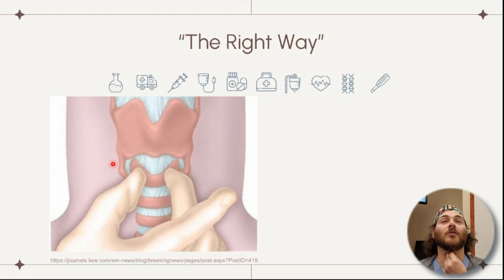So if you're pressing by the V, you're too high. You go a little lower than that. That's a good, easy way to find the cricoid cartilage. So if an anesthesiologist says, can I get cricoid pressure? Here's what you do. First off, for cricoid pressure, you need to have a dedicated assistant.